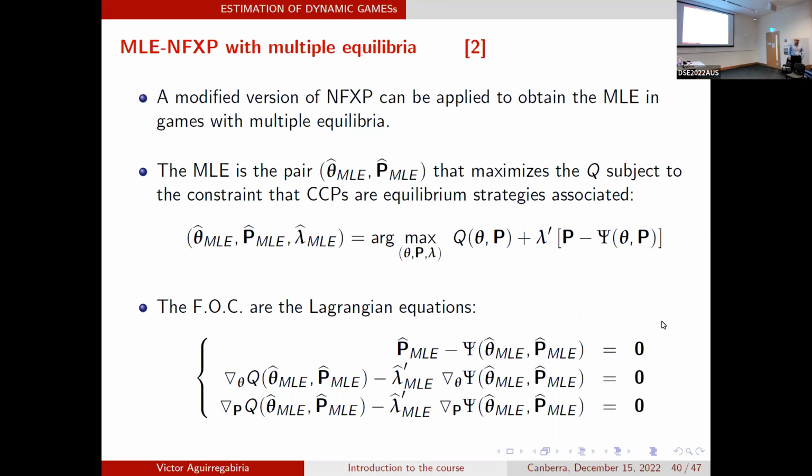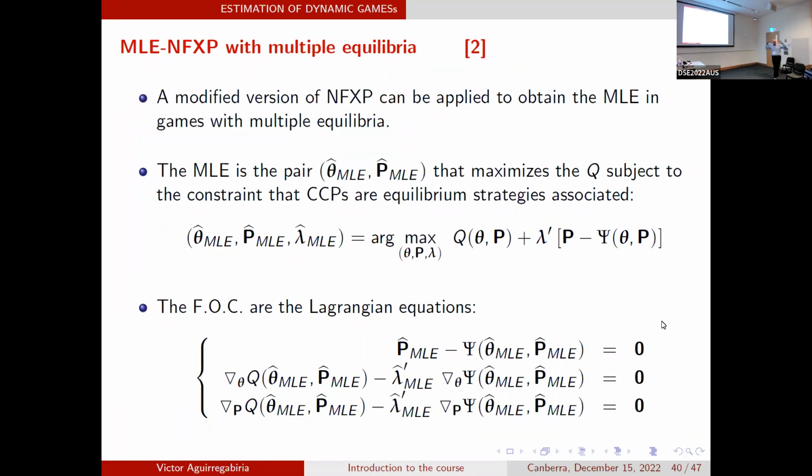Unfortunately, for dynamic games, we don't have the zero Jacobian property. Now, this Jacobian, the derivative of the vector of best responses with respect to the vector of choice probabilities, we can think of as a Jacobian with different blocks.